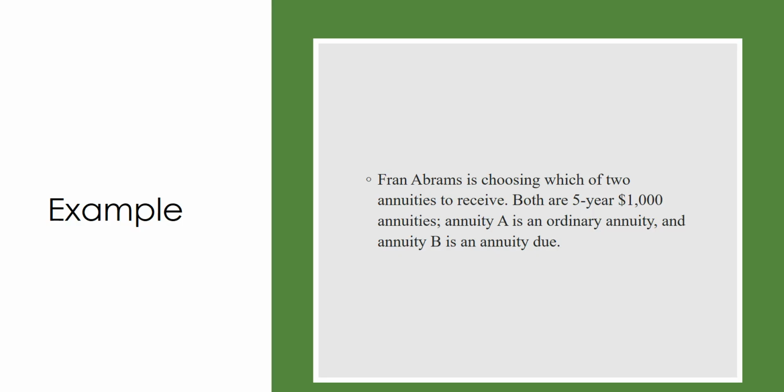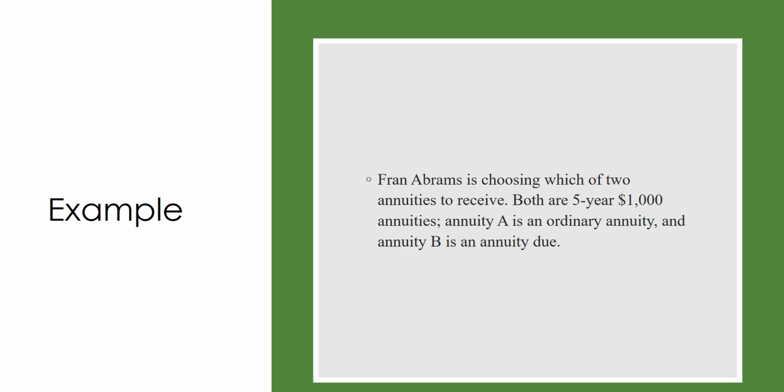So let's look at an example. Fran is choosing between 2 annuities. Both are 5-year. Both pay $1,000 per year. Annuity A is an ordinary annuity, and Annuity B is an annuity due. So the only difference is that with Annuity A, the payment occurs at the end of the year, so December 31st.